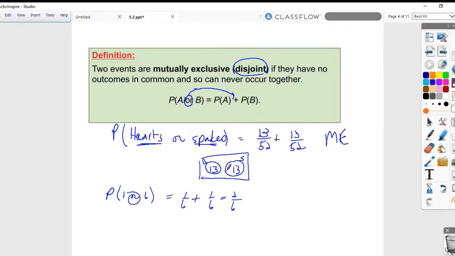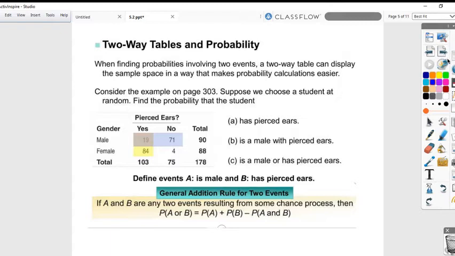Okay, now we're going to talk about when they do have something in common. Let's talk about it in table form first. When finding a probability of 2 events, we use these two-way tables, and basically it's just a chart. You have one categorical variable here and one here.